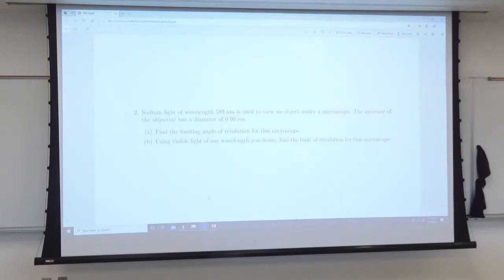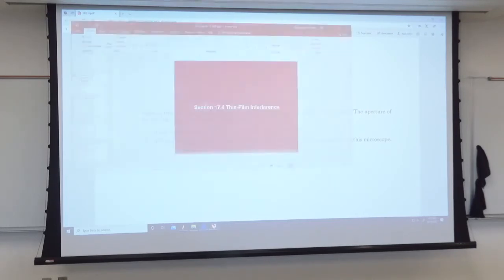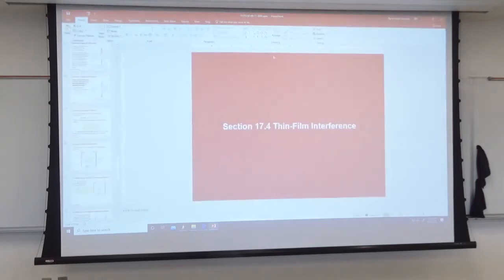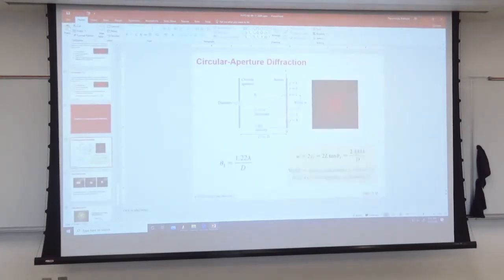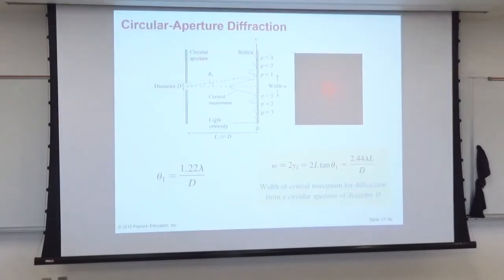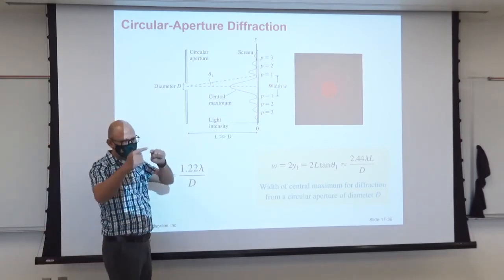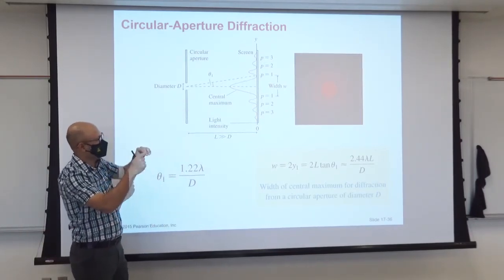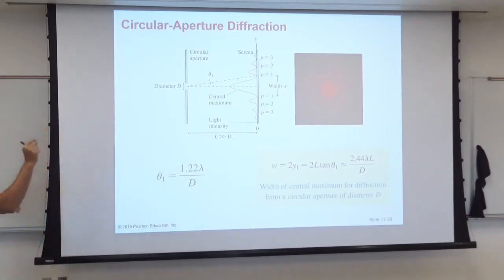So the next one is talking about the limiting angle of resolution. For that we need to talk a little bit about the circular aperture. Just like the single slit, if you pass light or laser through a circular aperture, this is not a slit, this is a tiny circular hole.